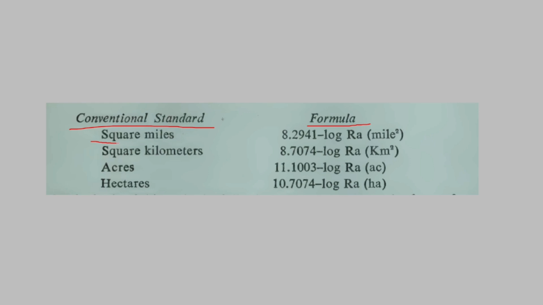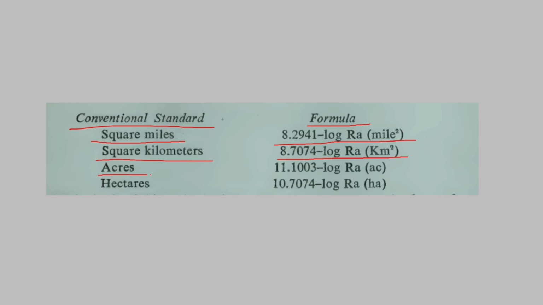See here, if we measure in square miles, the formula will be 8.2941 minus log RA square mile. If we measure in square kilometer, the formula will be 8.7074 minus log RA square kilometer.